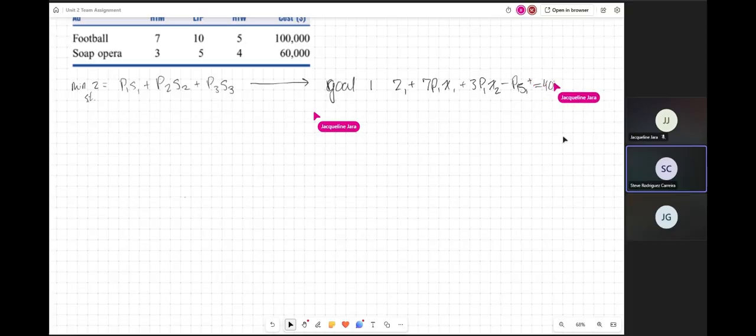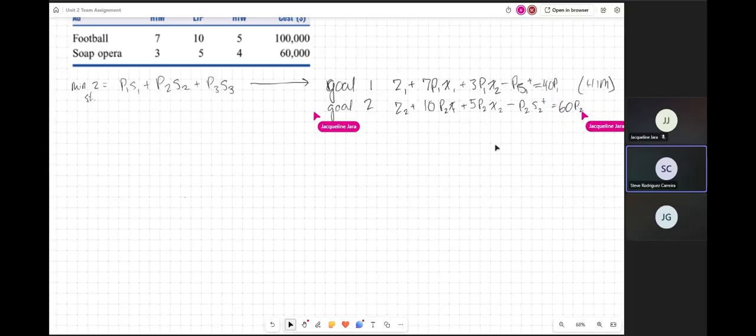And then we split up the other one for goal 2, and that would be z2 plus 10P2 x1 plus 5P2 x2 minus P2 S2 plus, equaling 60P2. That would be for the second goal for low-income population.